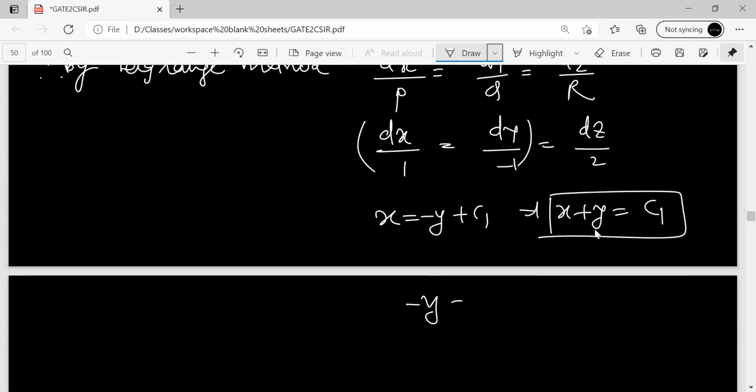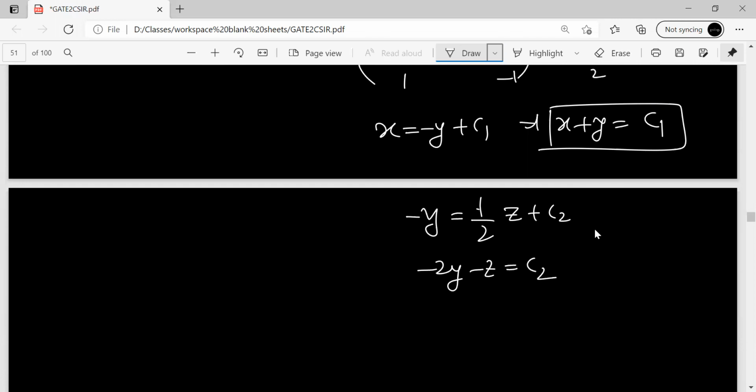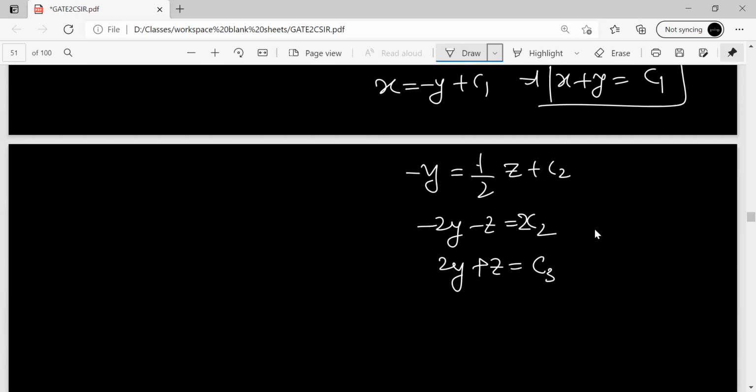So I get minus y equal to 1 upon 2 z plus c2. Just take this here. So you get minus 2y minus z equal to c2. I'll simply multiply by minus, so it will be 2y plus z equal to, I'll call it another constant, say c3. Okay. So I'm getting phi of c1 equal to c3, or you can say phi of c3 equal to c1.